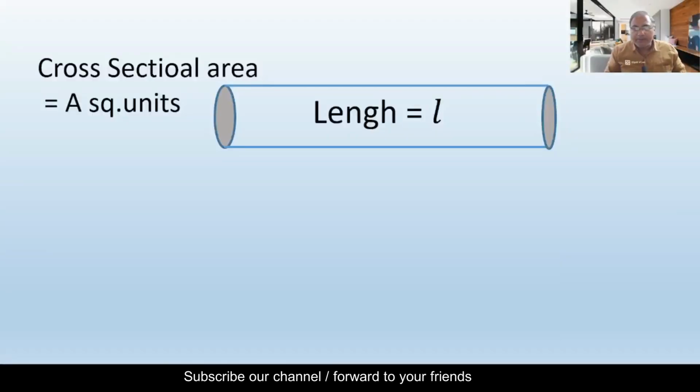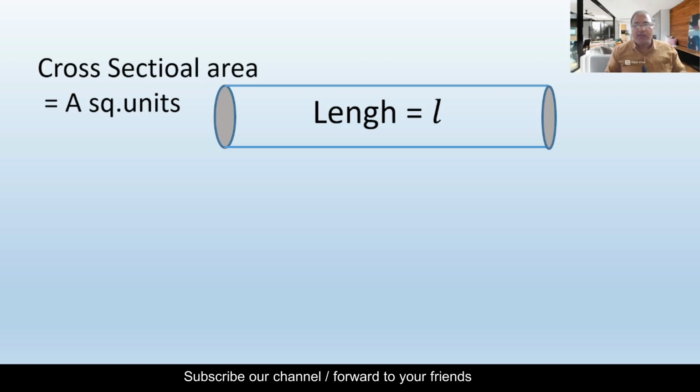Let me repeat. If L is the length of the conductor and during the experiment I do not change the nature of the material and I do not change the temperature. Here, nature of material means if I am performing the experiment using copper wire, then during the experiment I should not change the metal from copper to silver or silver to any other material.